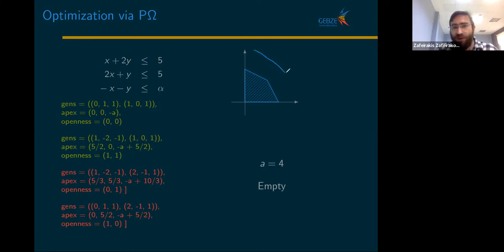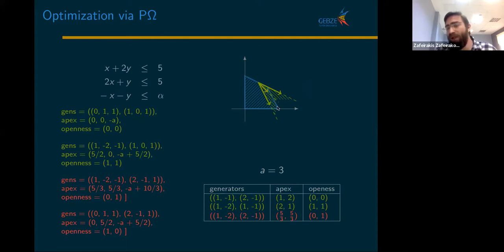So if it would be here, in this region here, then the intersection is empty. We have nothing in there. And since 4 is too big, we will try 3, which is smaller. And there we will have solutions.